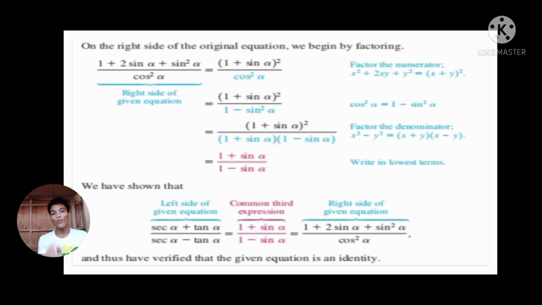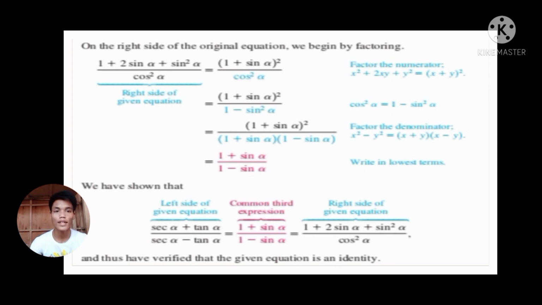So 1 plus 2 sine A plus sine to the power of 2A over cosine to the power of 2A is equal to 1 plus sine A squared over cosine to the power of 2A. So what we're going to do is factor the numerator, in which x squared plus 2xy plus y squared is equal to x plus y squared, as given in the handout on verifying trigonometric identities.